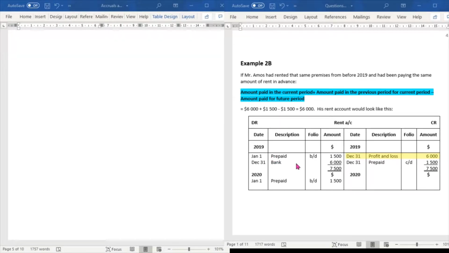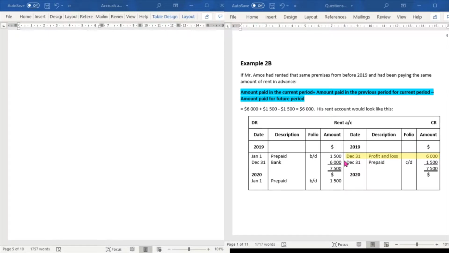During the year, he paid an additional $6,000, so that is credited to his rent account. At the end of the year, he would have prepaid for 3 months.